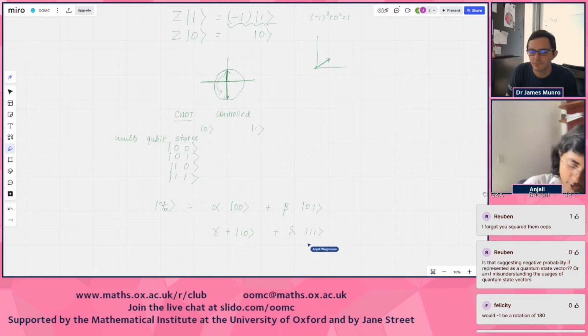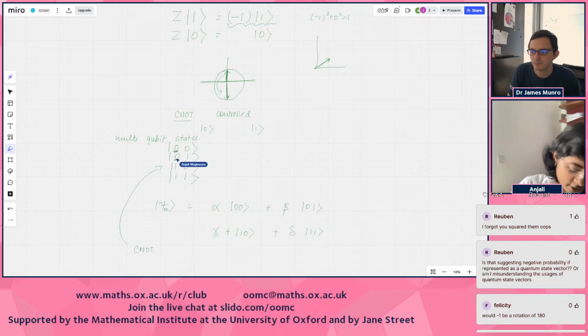What the controlled NOT gate does is, now you can have inputs like these, and I'll just write the outputs here. It checks whether your first qubit is 0.